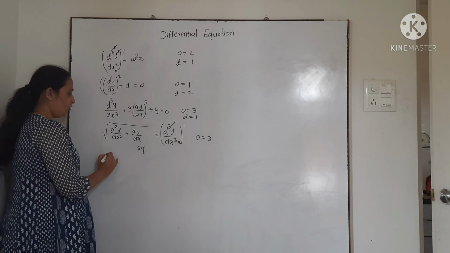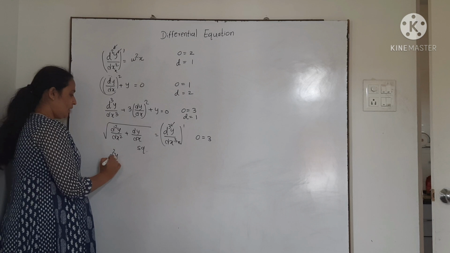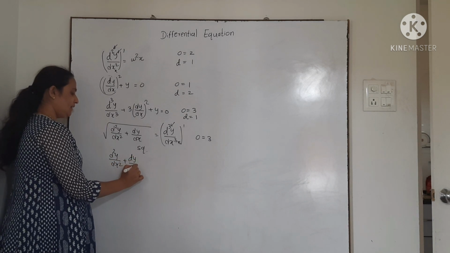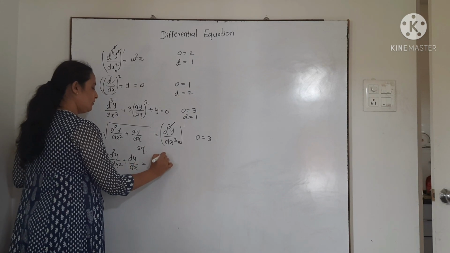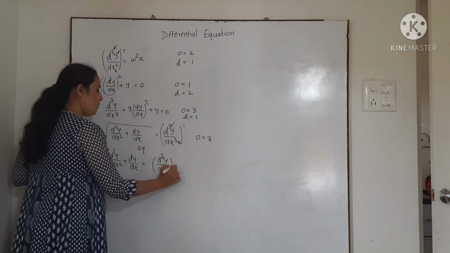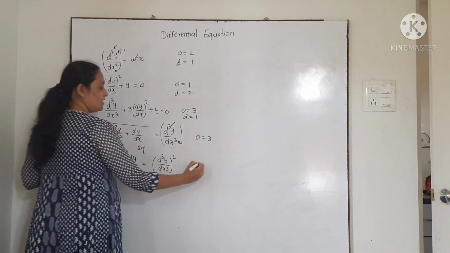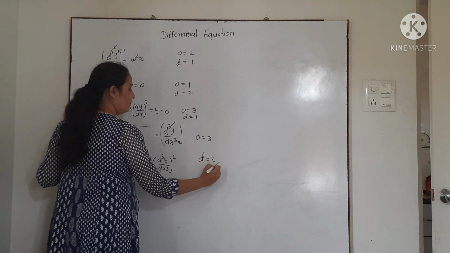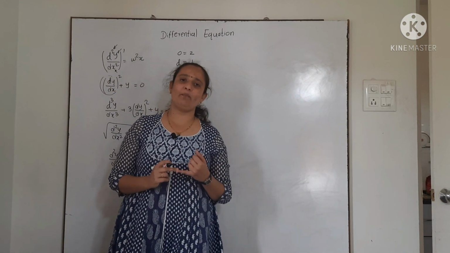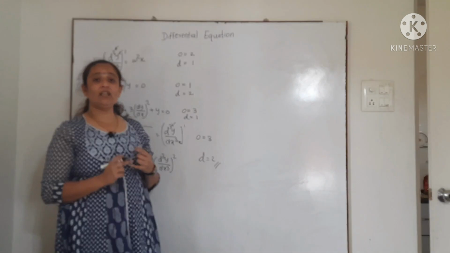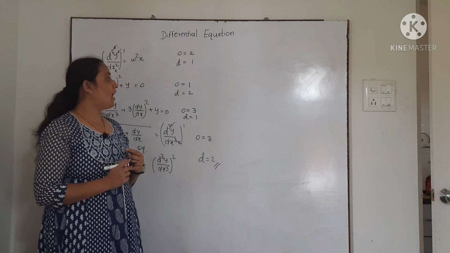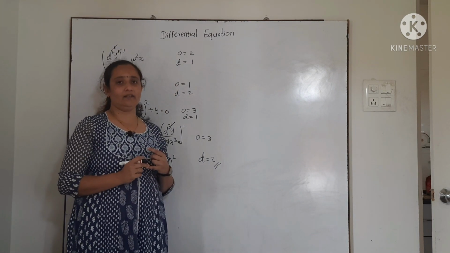If I take squaring on both sides, you will get d2y by dx square plus dy by dx equal to, when we take squaring, it should be on both sides, (d cube y by dx cube) whole square. So degree of this equation is what? 2. It is not 1. Am I clear to all of you? What is order? Highest order derivative appearing in the equation. And what is degree? Power of highest order derivative when the differential equations are free from fractions and radicals.